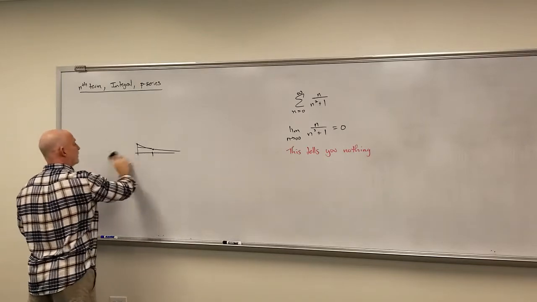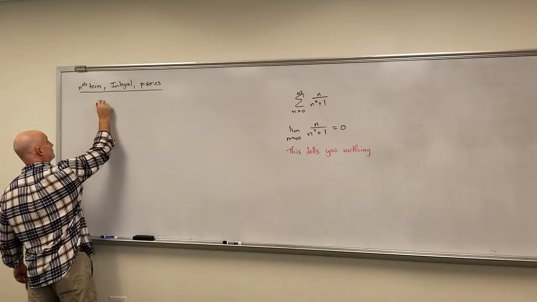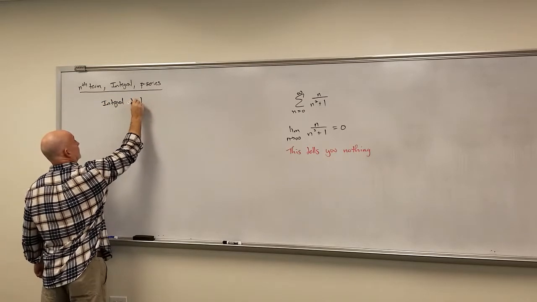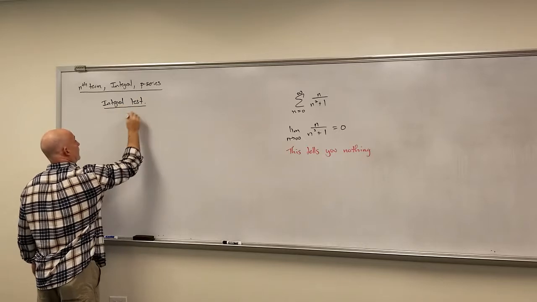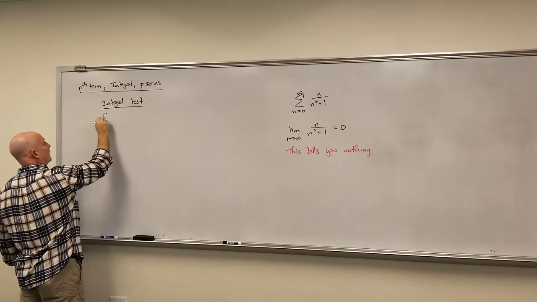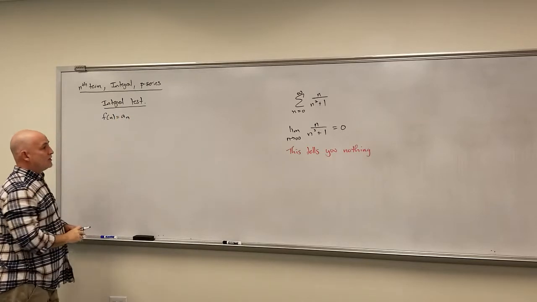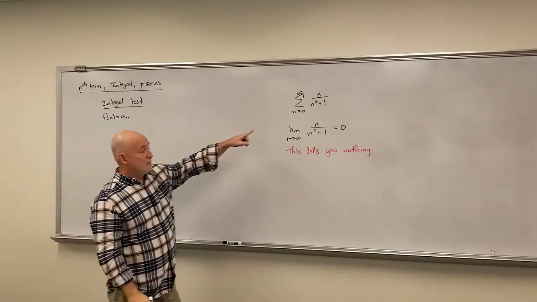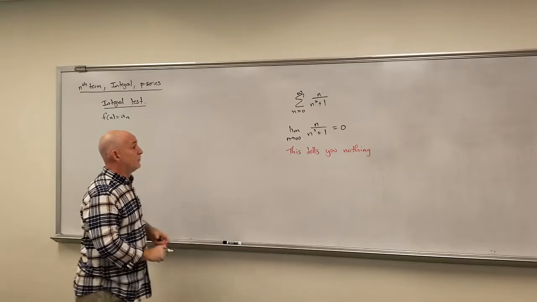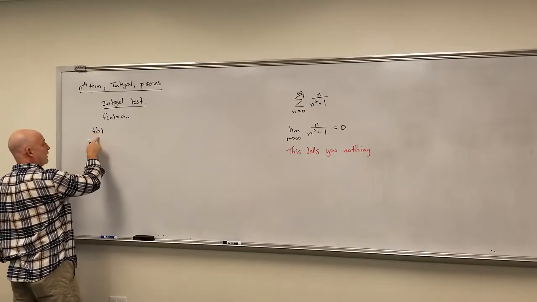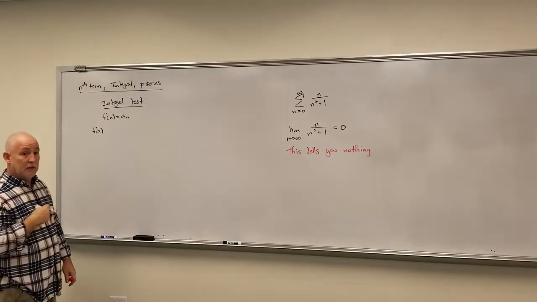So to use our integral test, first off, let's let f sub n equal a sub n, right? Our a sub n, some function of n like we've seen before. If a sub n is equal to some f of n, and let's say f of x, now I've got to go to a continuous variable because I'm going to integrate.